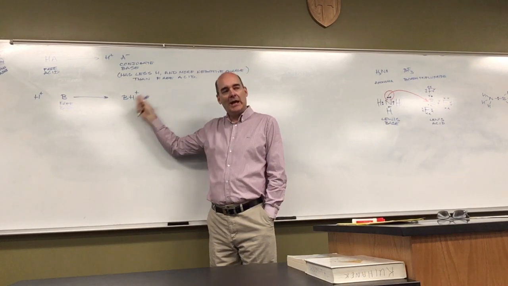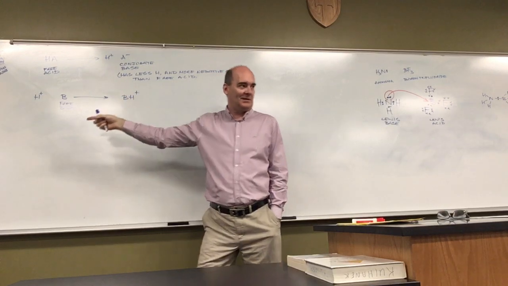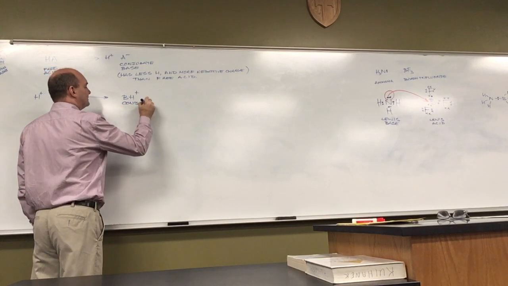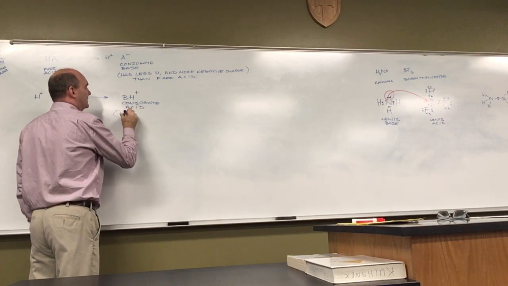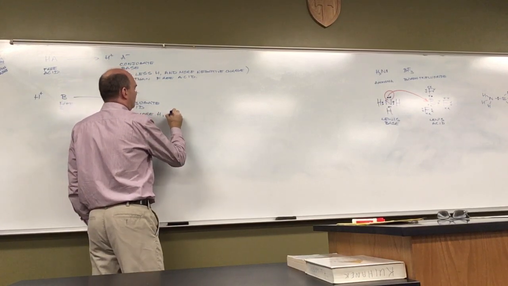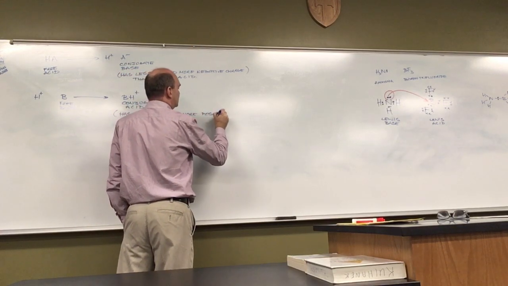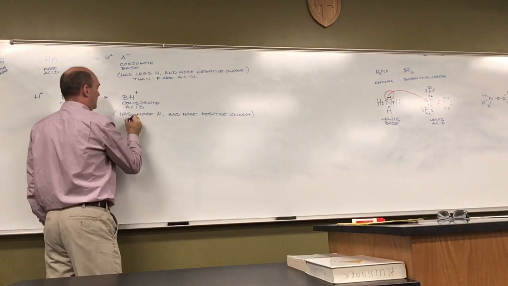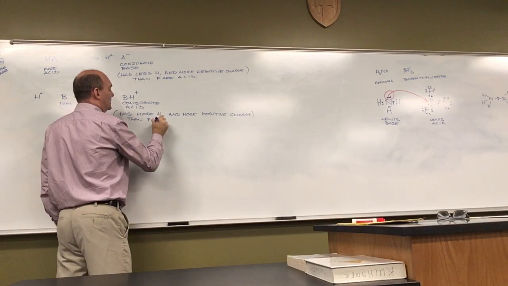The conjugate acid doesn't have a positive, but it has one more positive than the base that it came from. This is called the conjugate acid. And the conjugate acid has more H and more positive charge than the free base.